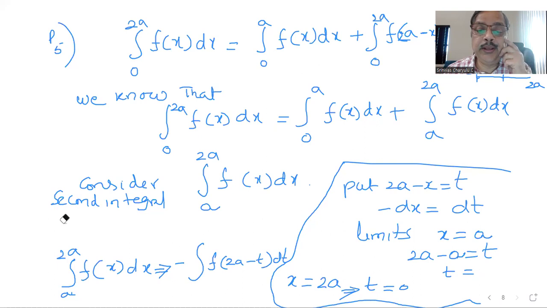See, limits are a and 2a. When we put x is equal to a, 2a minus a will become a, so this will become t is equal to a. When you put x is equal to 2a, then 2a minus 2a will become 0. So the upper limit became 0.